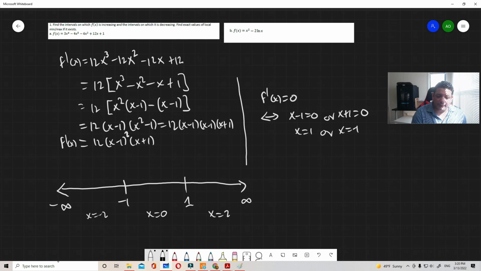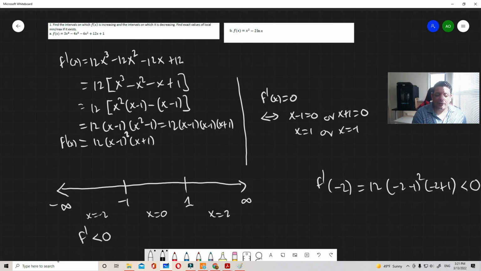So notice that if I compute those numbers, f prime of minus 2 is going to be equal to 12 times minus 2 minus 1 squared, times minus 2 plus 1. This is going to be positive, this is positive, and this part is going to be negative. That's what matters. So you can see that this is less than 0. And so here I can check that in this position f prime is less than 0.